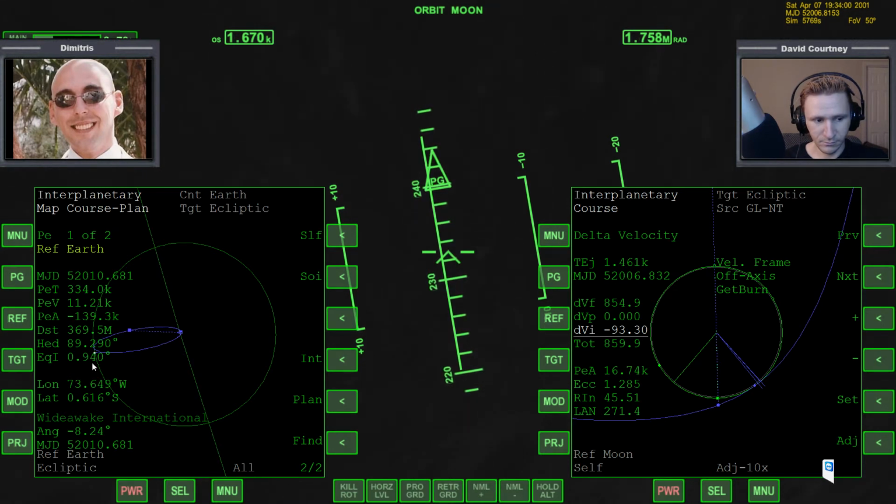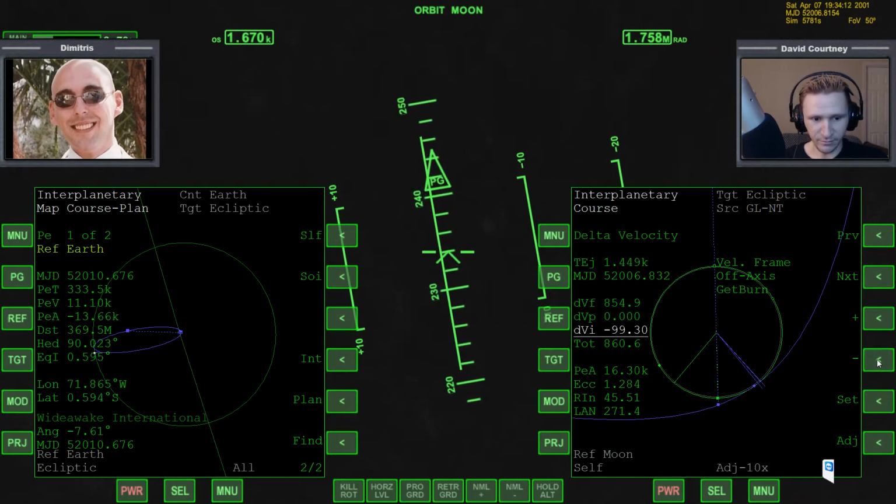But we do want to get to 65 kilometers altitude and this as close to zero as possible. Yeah, so here, by putting in a bit of negative inward, now we've got the PEA about where we want, the longitude is acceptable, but now our angle's way off.